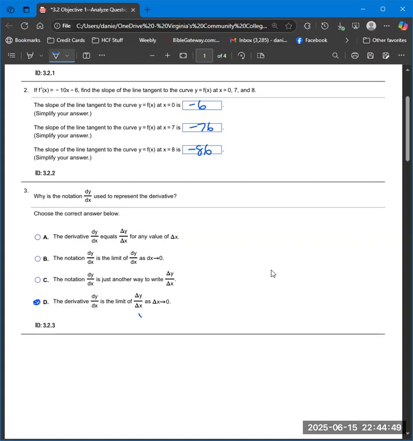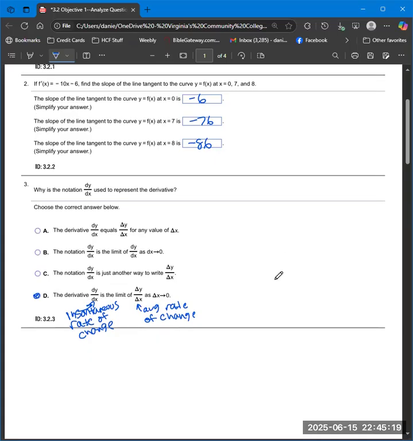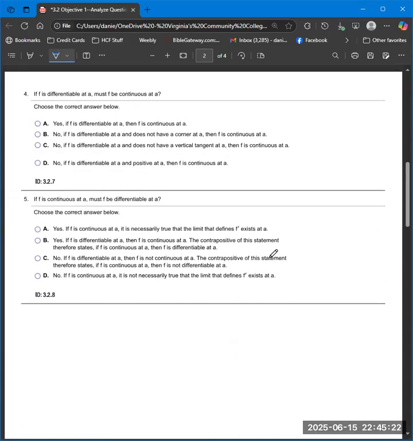So this is the average rate of change, and it approaches the instantaneous rate of change as the change in x gets close to 0, as the 2 points get close together.